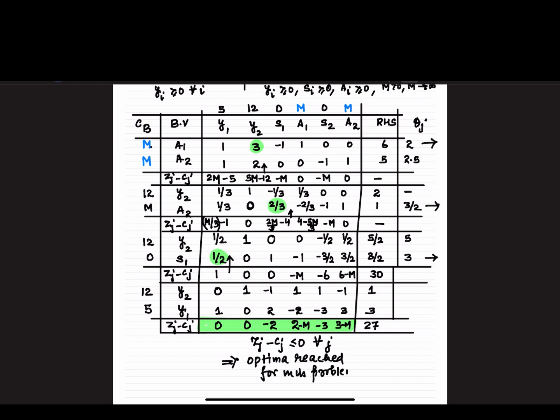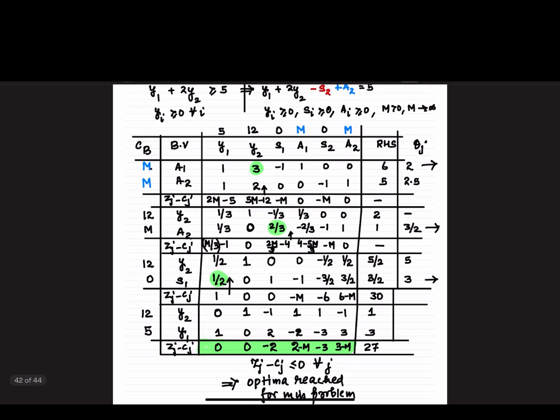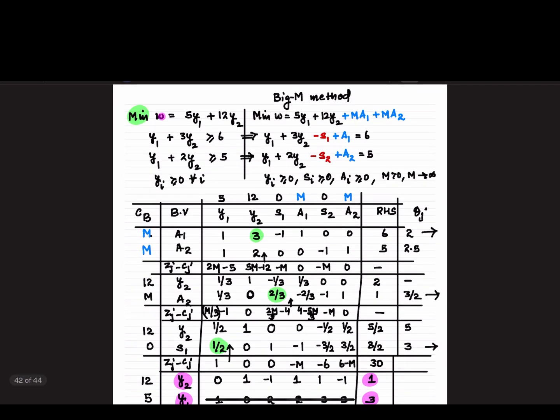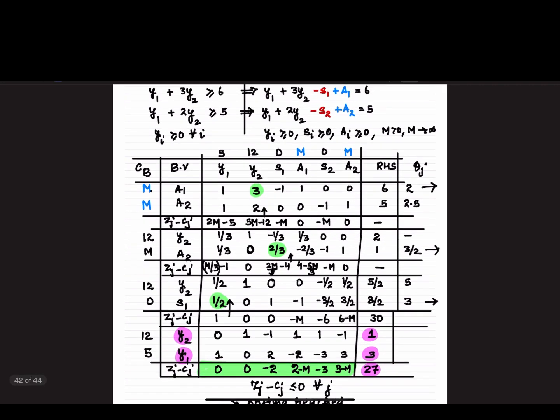Optima has been reached. And what is the optima? At the optima, y1 is 3, y2 is 1, and this is the value for z, and in this case we started with w, so w. So y1 is 3 and y2 is 1 and w equals 27.